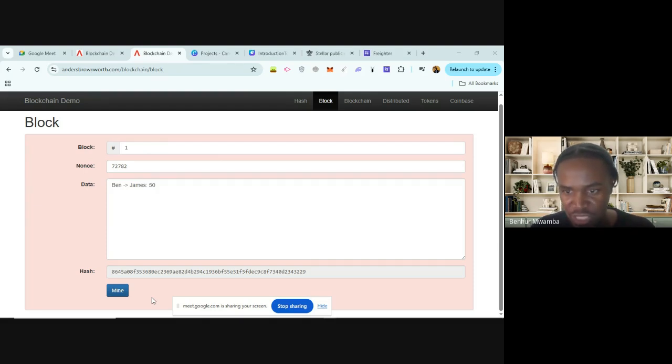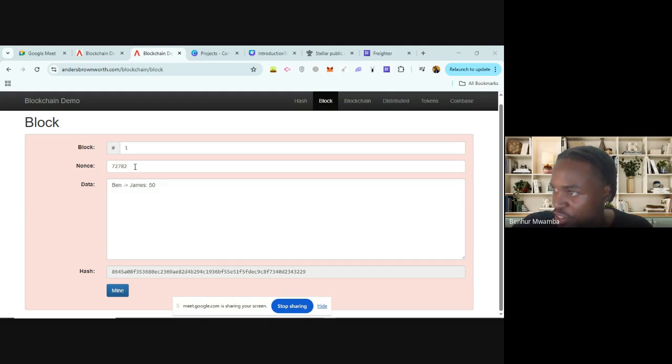So the software that is running the blockchain looks for a nonce that, once combined with the data and the block number, results in a hash that starts with 4 zeros.